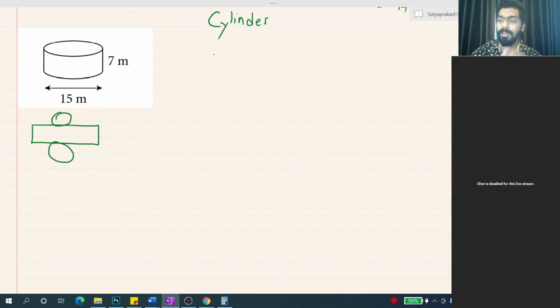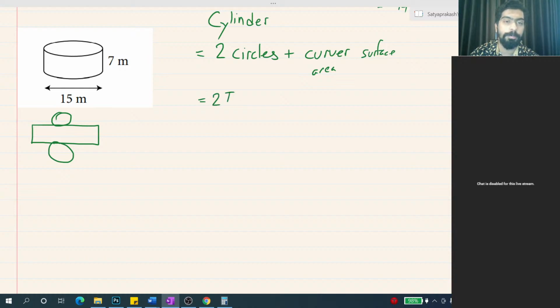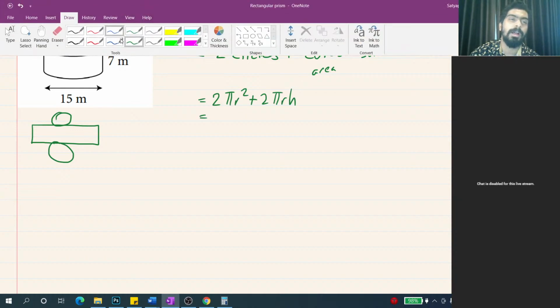So in order to find the area of a cylinder, we have to find the area of two circles plus the curved surface area. And we have the formula, which is 2 pi r square plus 2 pi rh.